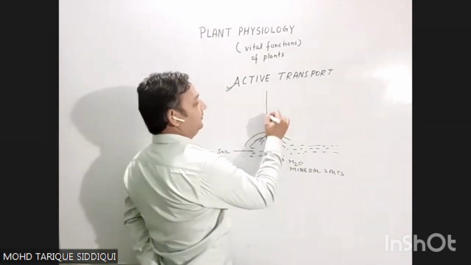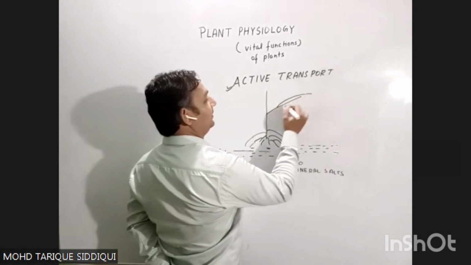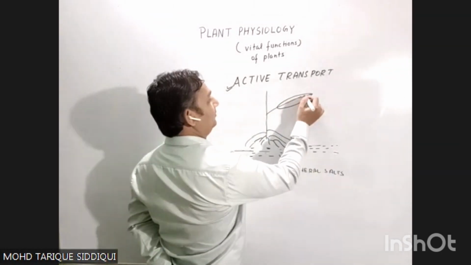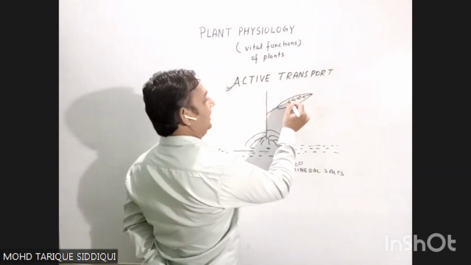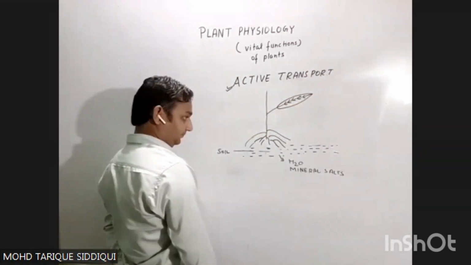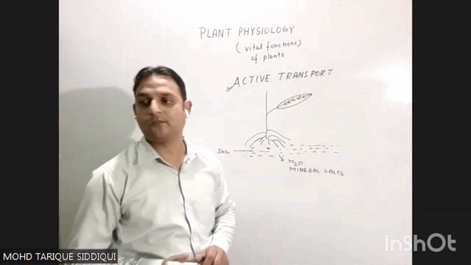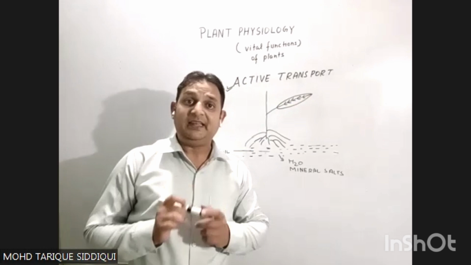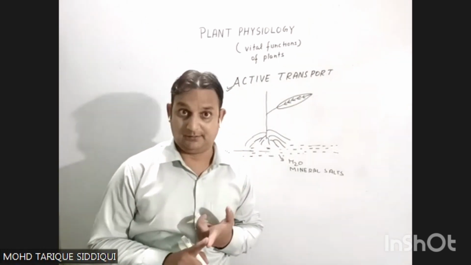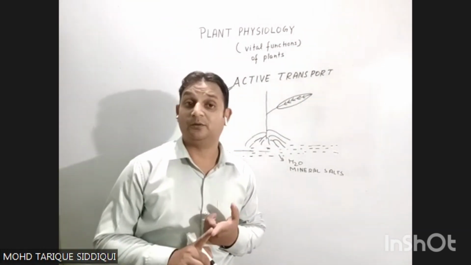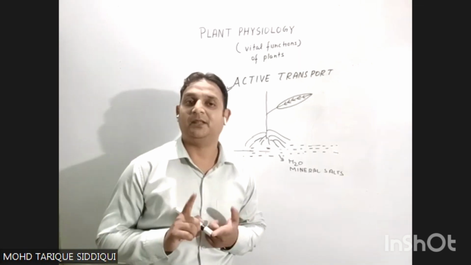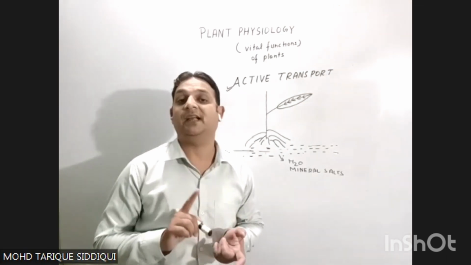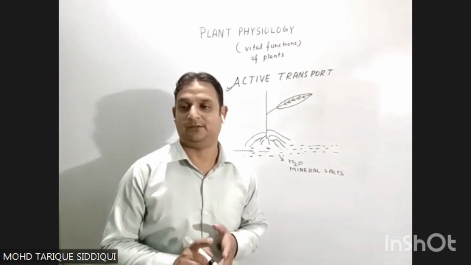I'm making the leaf here because the leaf is very important to understand this phenomenon, active transport. I've already cleared the osmosis. Now we will talk about osmosis with respect to hypotonic and hypertonic solution.